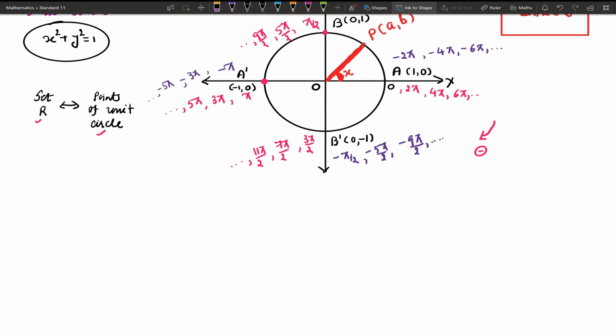So for a real number x, again check this sequence, the corresponding T point is P. T point means point of the unit circle.